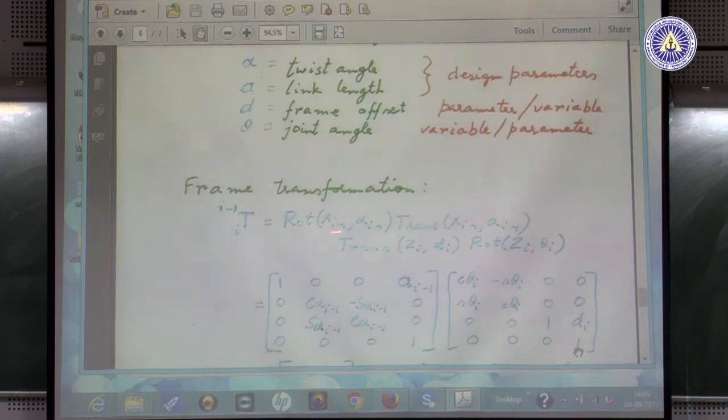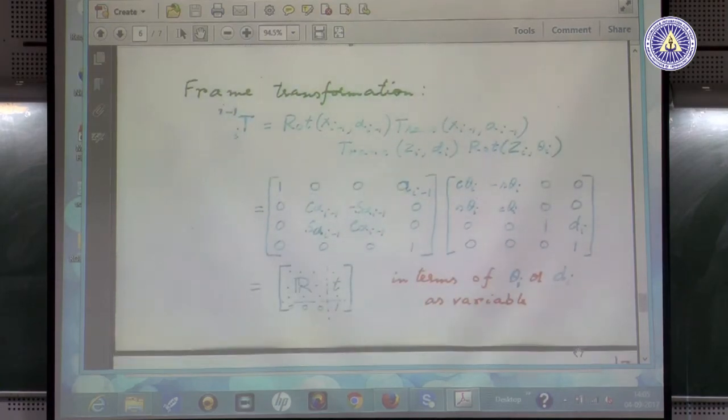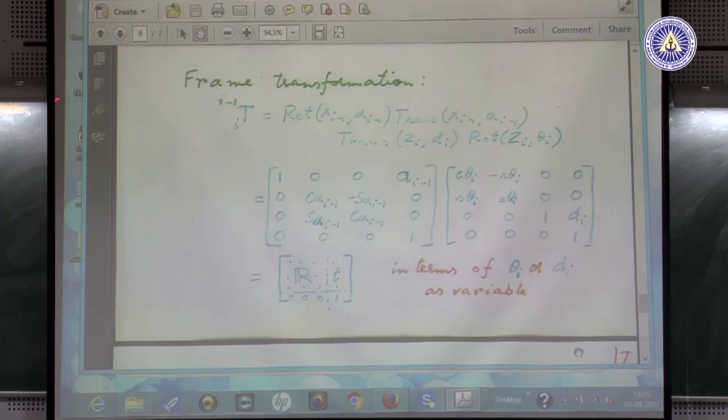So, when you put all those 4 things, then they will look like this. The product of these two in whichever order you do will give you this. You see, rotation about x axis through alpha i minus 1, that is this, and here translation along x axis by this. So, that is this.